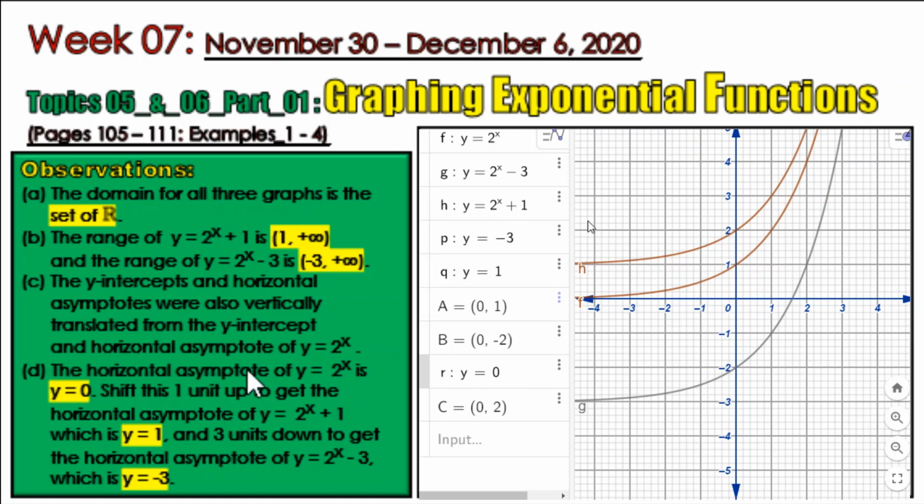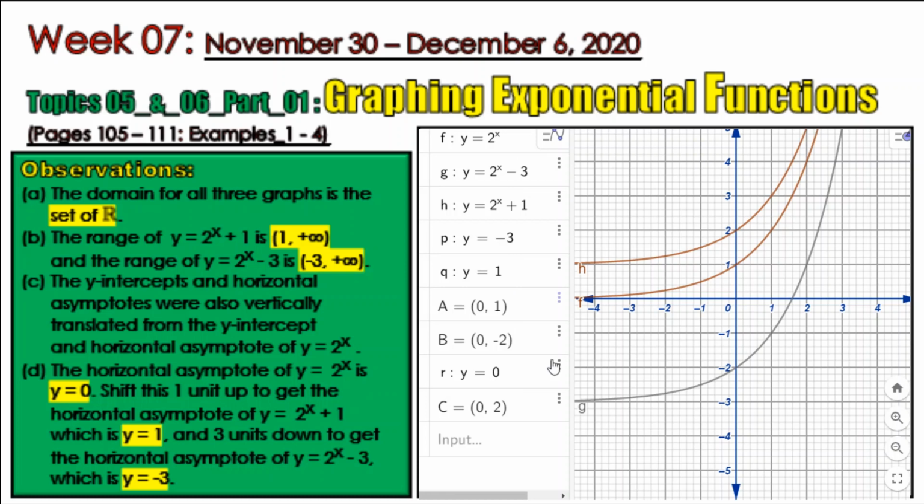The horizontal asymptote of y is equal to 2 raised to x is y is equal to 0. We have discussed that earlier. Shift this 1 unit up to get the horizontal asymptote of y is equal to 2 raised to x plus 1, which is y is equal to 1, and 3 units down to get the horizontal asymptote of y is equal to 2 raised to x minus 3, which is y is equal to negative 3.